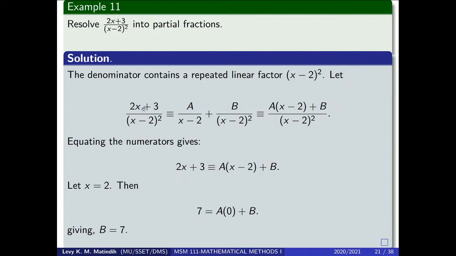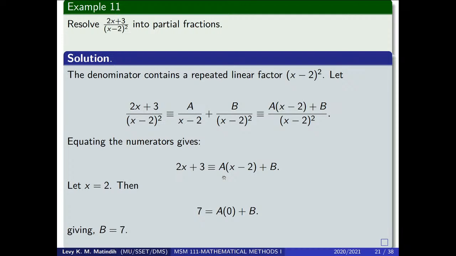Now, for 2x plus 3 divided by the square of x minus 2 to be equal to a times x minus 2 plus b over the square of x minus 2, because the denominators are the same, we are going to equate the numerators. The numerators, which are 2x plus 3, must be equivalent to a times x minus 2 plus b.